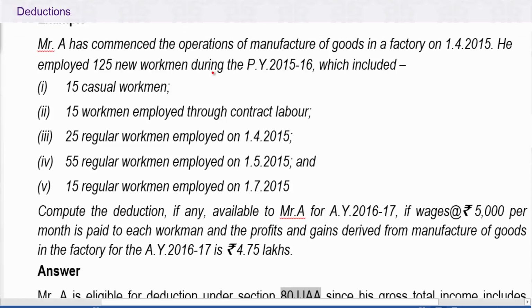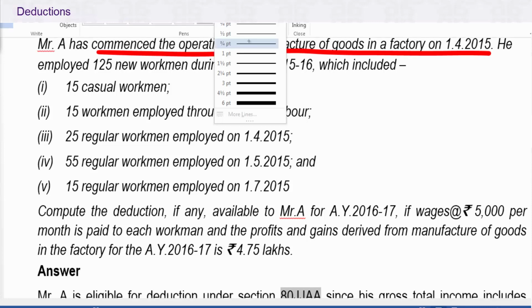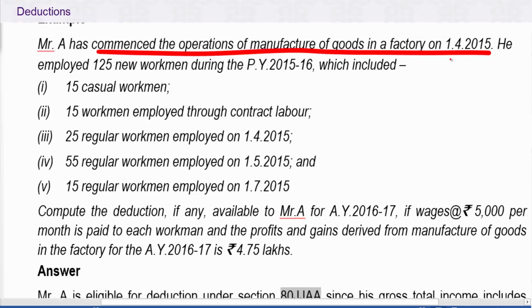Now he says, Mr. A has commenced operations of manufacture of goods on 1/4/15, which means 15-16 becomes the first year. And he employed 125 new workmen. Now new workmen does not mean regular workmen, so we have to find out.